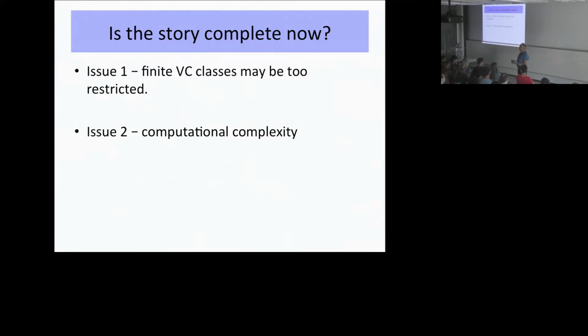So if you need 10,000 examples, the runtime to find the best hypothesis over those samples of 10,000 examples is going to be exponential in 10,000. So you will need a calculation of 2 to the 10,000 just to go over your hypotheses and figure out which one is best, which one is the ERM. So this is a very crucial component, the computational complexity, and the other one is the limitation to finite VC dimension.